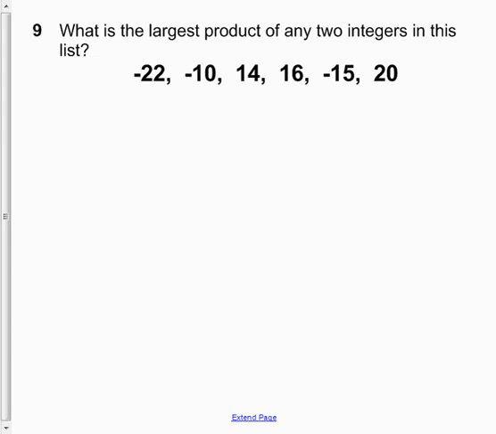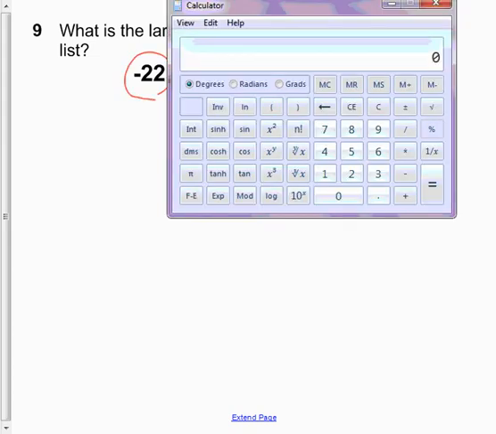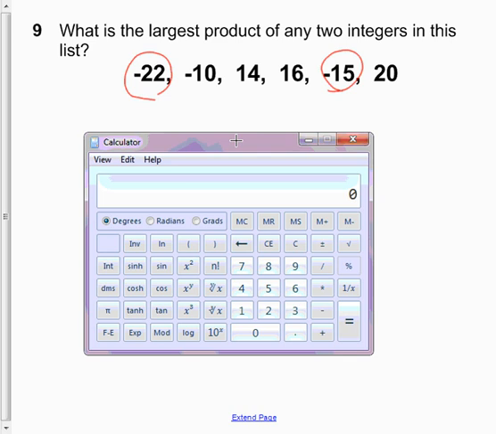Question 9. What is the largest product of any two integers? If you took these two integers and multiplied them together, I know my answer is going to be positive, so I'm going to ignore the fact that a negative times a negative is positive. So 22 times 15 is 330.